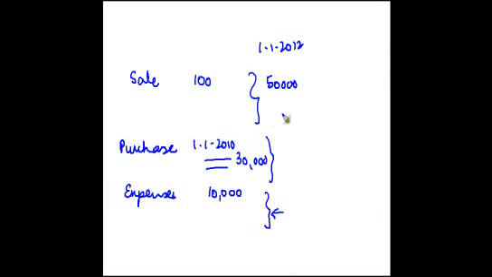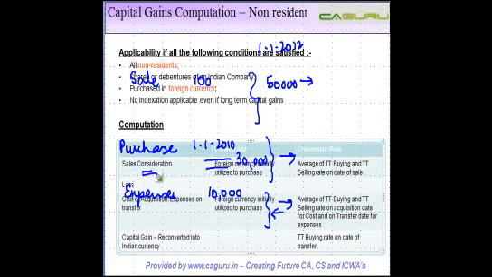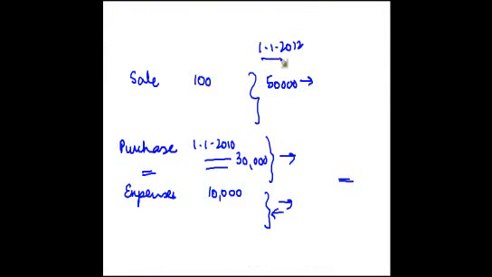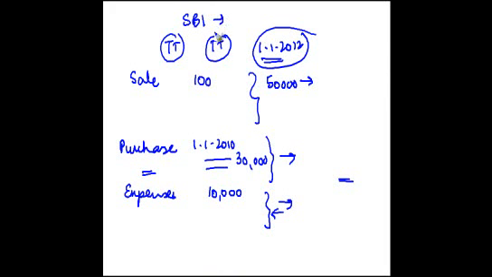So you start converting each of these items. For the sale consideration, you consider the average of the TT buying and TT selling rate on the date of sale. These rates are basically the rates used by the SBI for the purchase and sale of foreign currency.